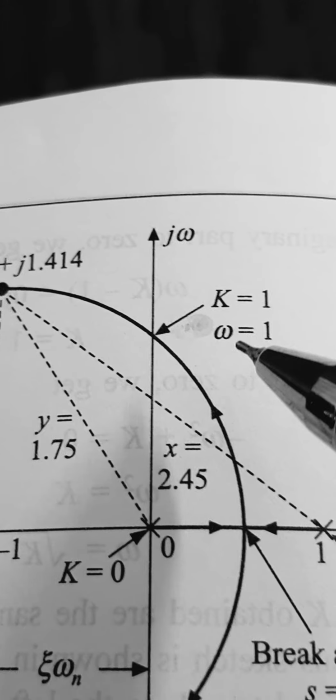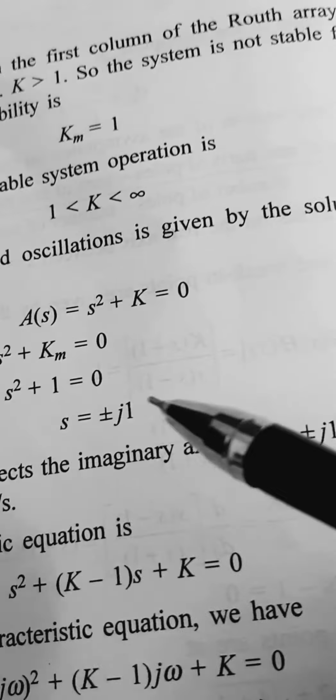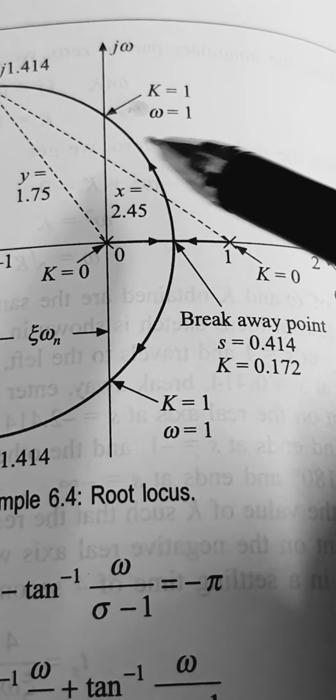Then we found the intersection with the imaginary axis, that is s is equal to plus or minus j1, that is the intersection with the imaginary axis, plus or minus j omega, that means omega is equal to 1.